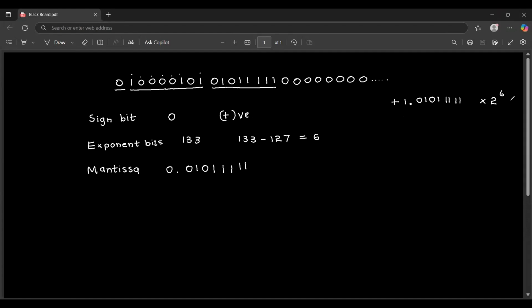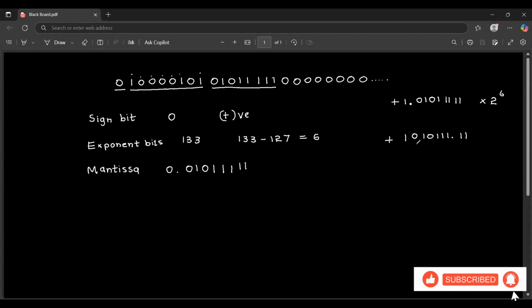If I multiply it by 2 to the power 6, that will give me positive 1, 1, 2, 3, 4, 5, 6. So it will be 1010111.11. This is the number that we have to convert from binary to decimal. That decimal number is what is represented by this specific 32-bit IEEE 754 standard, the floating point representation.